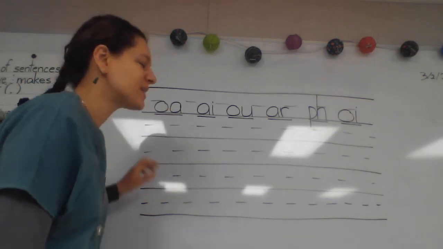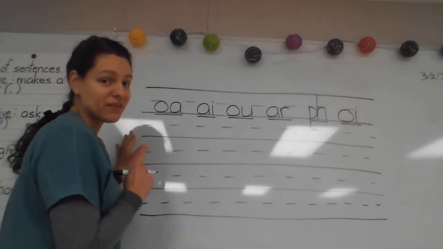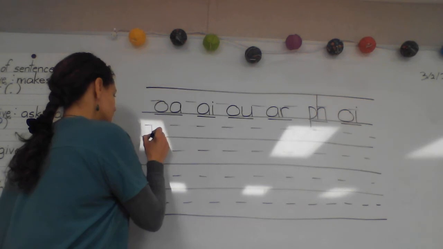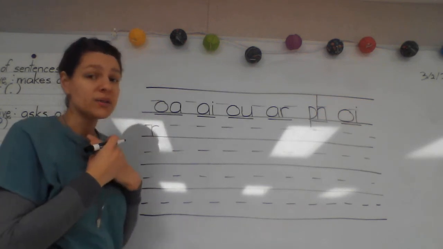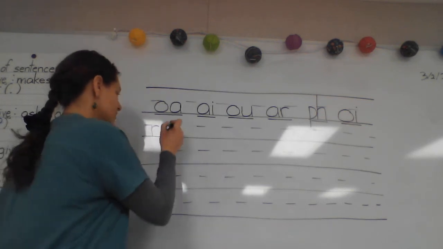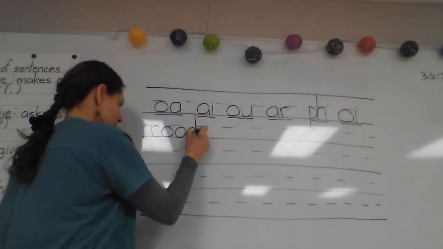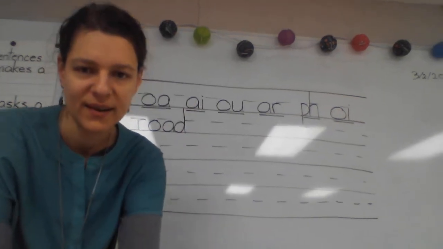All right, pause the video if you're not ready yet. Put your finger under that first phonogram. What is it? Good. O, which O? Good. O, the O of boat. All right.